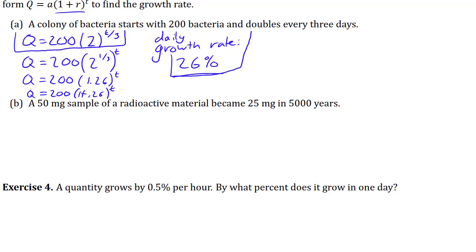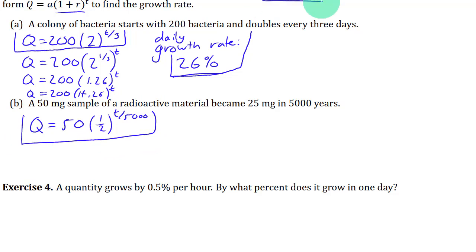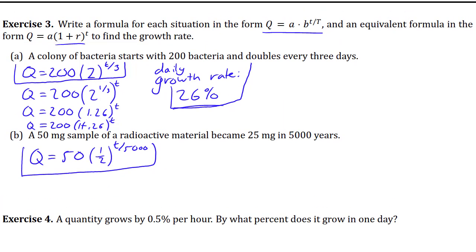So the formula is going to become, starting at 500, it gets multiplied by 1/2 when the exponent goes up by 5,000. So that's that form of it, the A times B to the power T over big T.